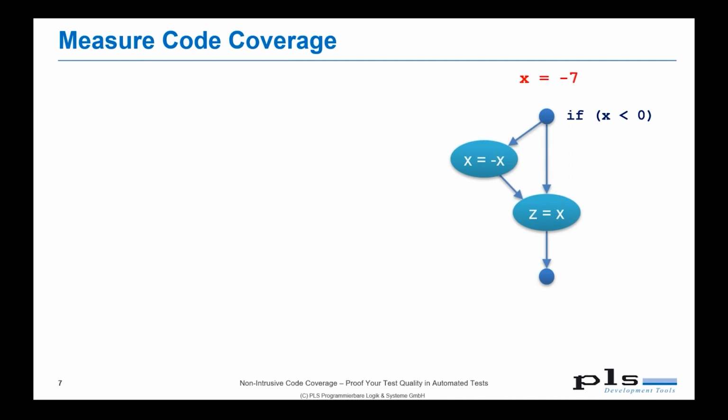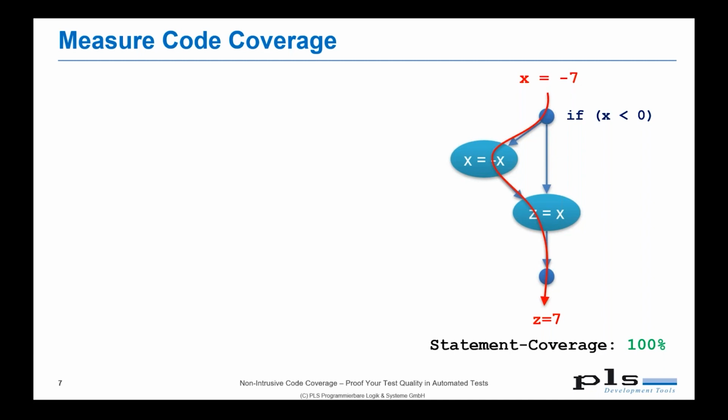For example, X equals -7. If we execute this code, you see that we executed all the statements in this graph, and we get a 100% statement coverage here.